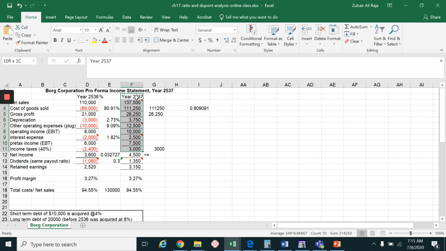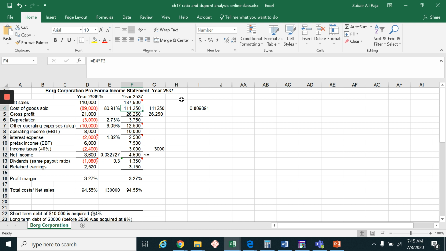If we want to maintain this 80.91% for the next year, 2537, you multiply it with the sales level of the future year, and we come to the cost of goods sold, which is 111,250.